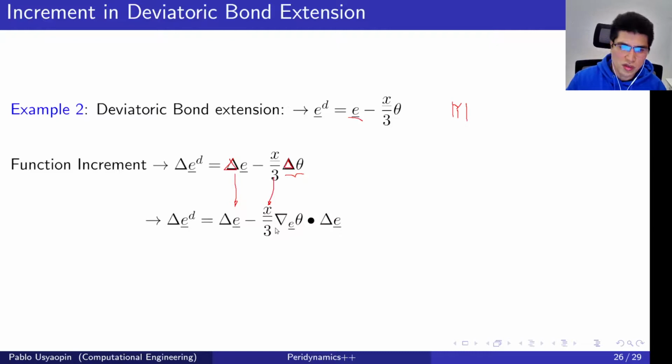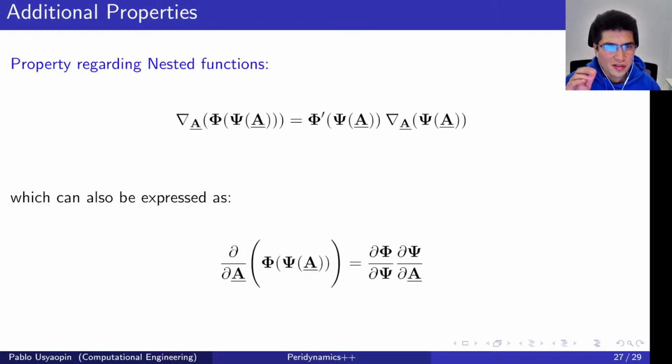And this is what we are doing to get the function increment. So now, going into the interesting part that matters to us. Wait, one more thing before going into that. We have here the property of the Frechet derivative.